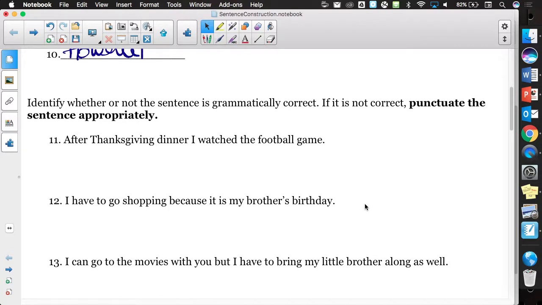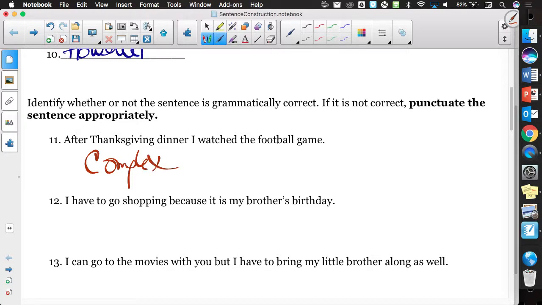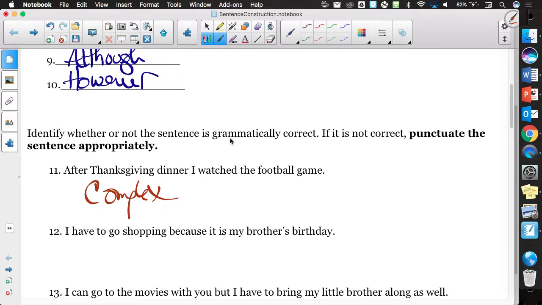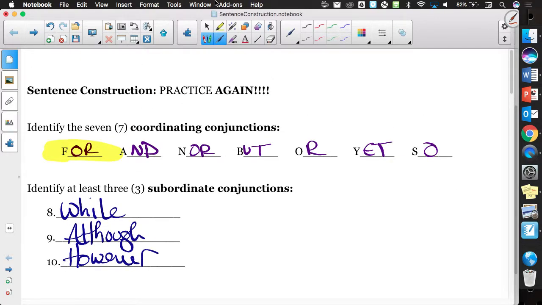Maddie, what did you do for 11? Complex. Any argument? Nope. That's not the same sentence we have. Oh, this might be a different one. Yeah, well, that's unfortunate. Oh, that's a different one. See? You get a practice again, one that can also pop up.